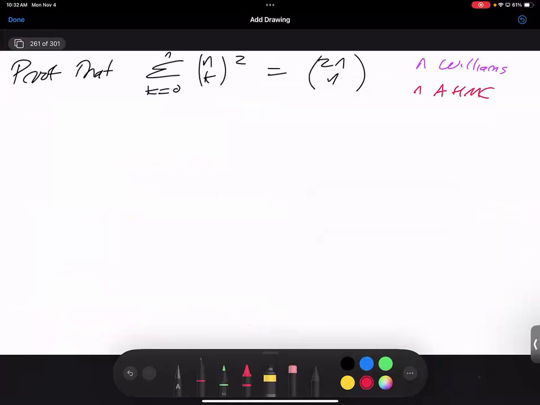How else can you write n choose k? N choose n minus k. What was the very first thing we proved today? That they're equal.